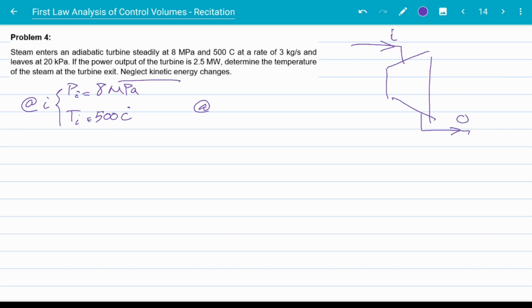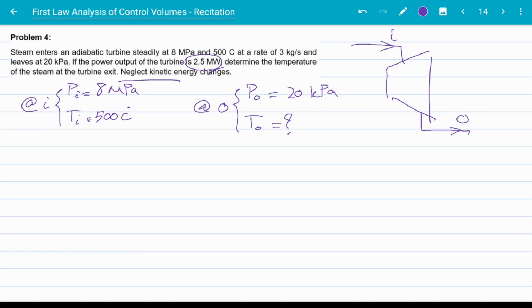At the outlet, pressure is 20 kilopascals, and we are asked to find the temperature. I know the power output, and knowing the power output or heat transfer or anything power related should give you a hint that you need to use the first law equation.